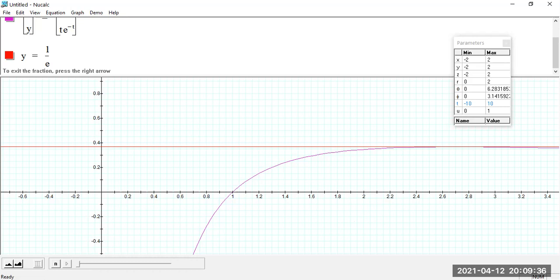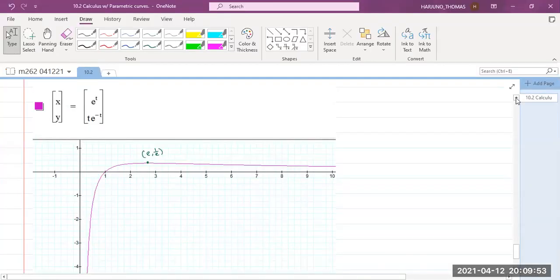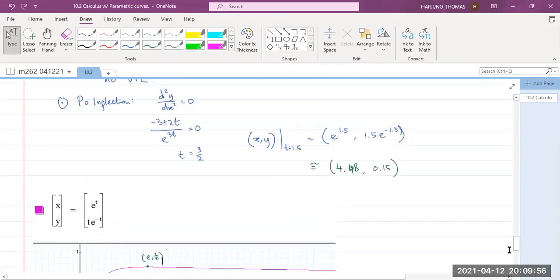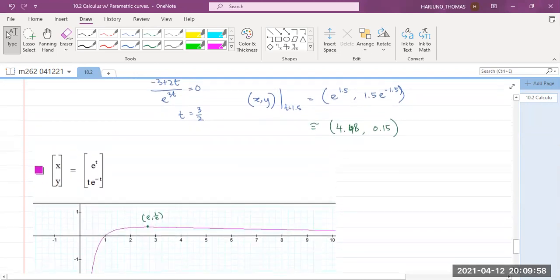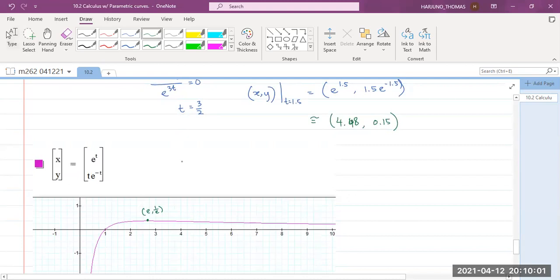According to our computation, going back to our graph, we also find that we have inflection point at 4.48, approximately 4.5. So the inflection point actually happens around here. So that's e to the 1.5, comma 1.5 e to the negative 1.5.